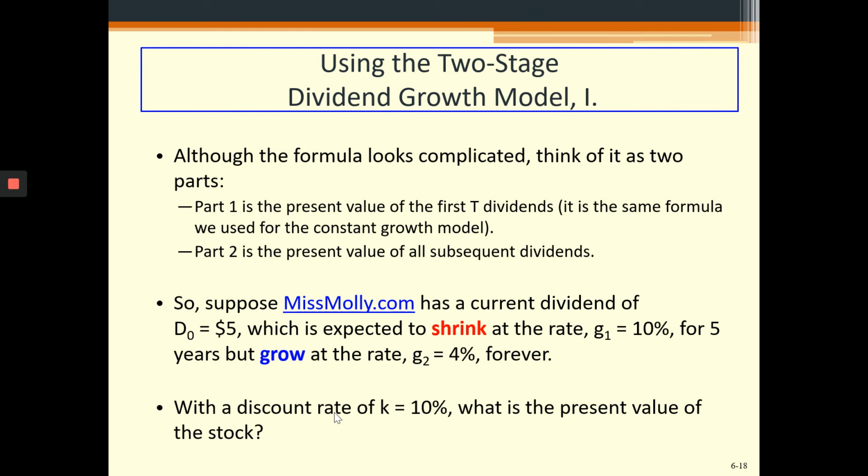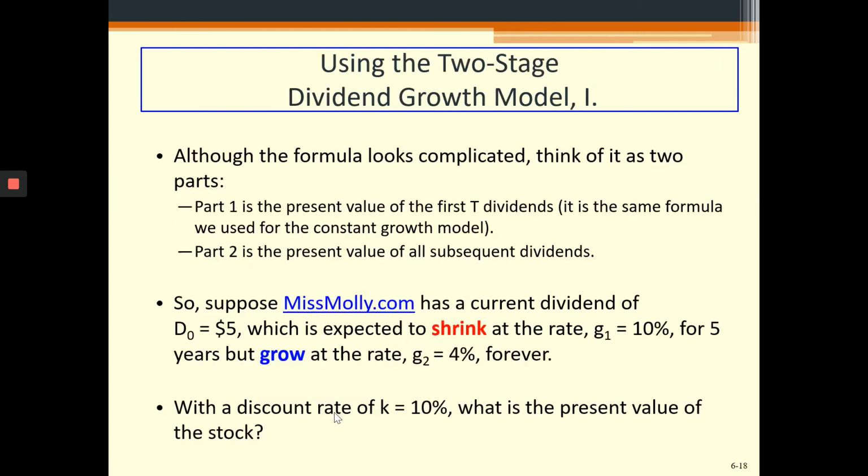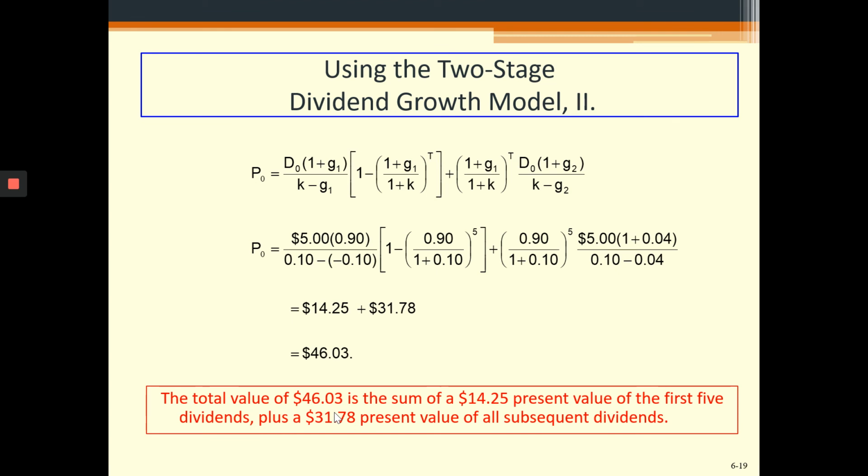If the discount rate is 10%, we can simply use the previous formula to find the present value of the stock of MissMolly.com. So you have D naught, which was 5, multiplied by 1 plus G1. Now the growth is shrinking, so the growth is minus 10%. So 1 minus 10% will give you 0.90, divided by K minus G1. The K was 10%, your required rate of return.